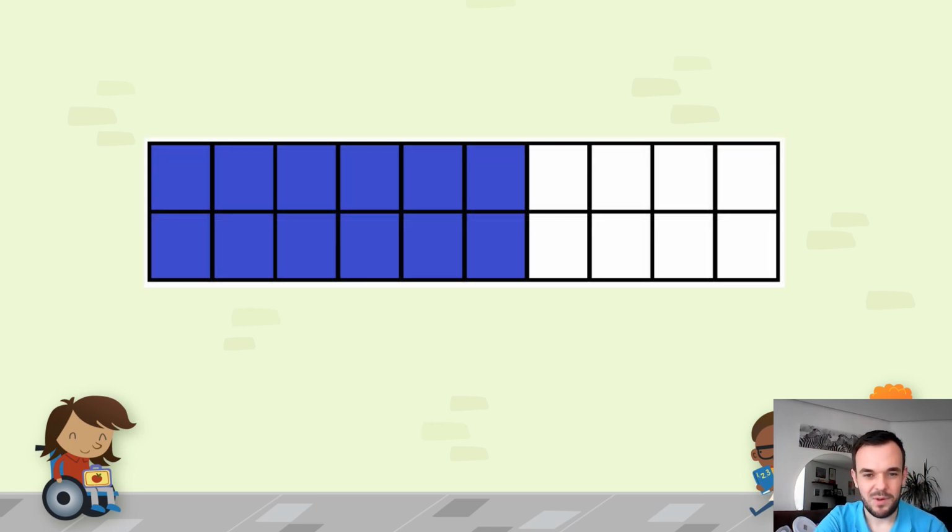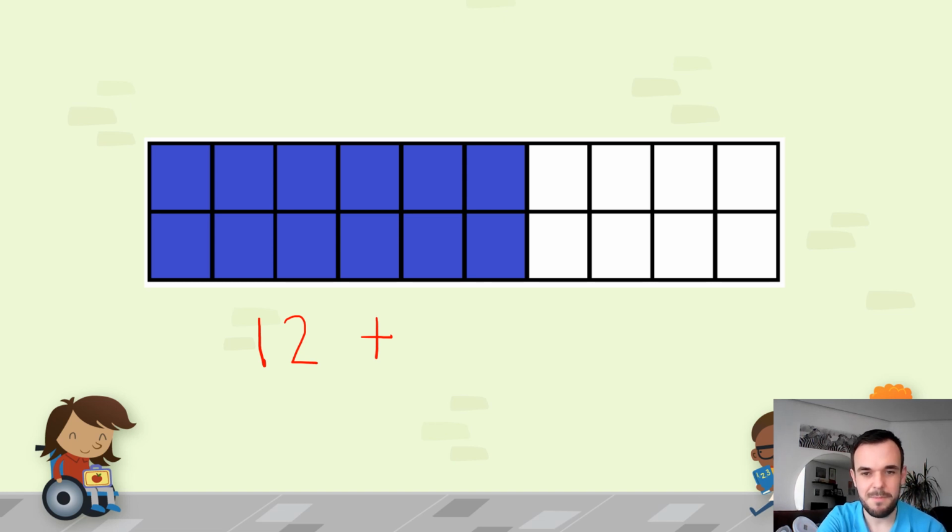Okay, in this example, I've still got 20 boxes altogether. There's still 20, but once again, some of them are blue and some of them are white. Let's start by counting how many are blue. 1, 2, 3, 4, 5, 6, 7, 8, 9, 10, 11, 12. We have 12 blue boxes. So let's start by writing 12. And we're going to add the white boxes.